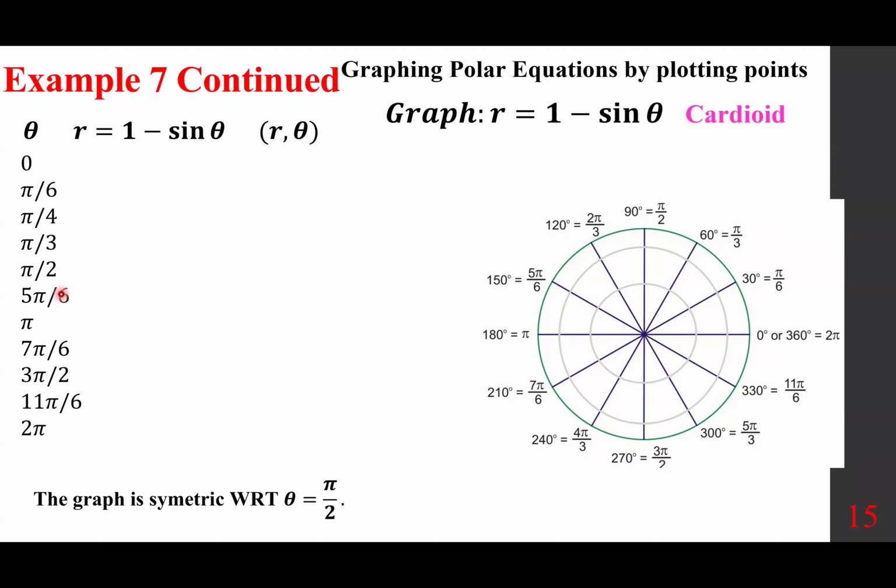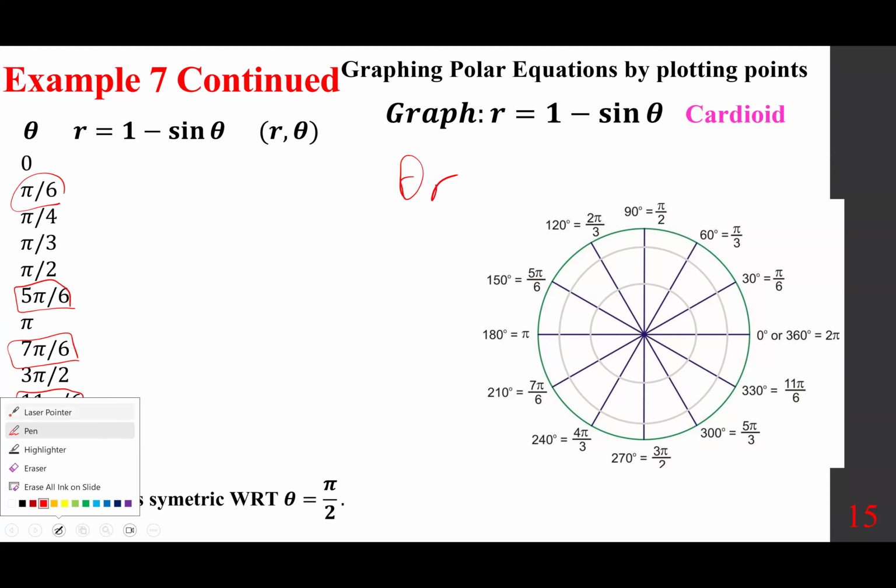5 pi over 6. Now, it's important to know for 5 pi over 6, 7 pi over 6, 11 pi over 6, this is the reference arc. And we know sine of pi over 6 is 1/2. 5 pi over 6 is the same thing because in the second quadrant it's positive. So 1 minus 1/2, we get 1/2. Pi, sine of pi is 0, 1 minus 0. 7 pi over 6.